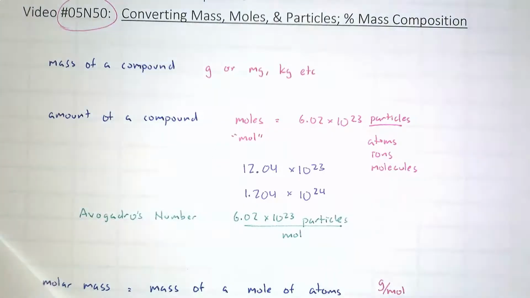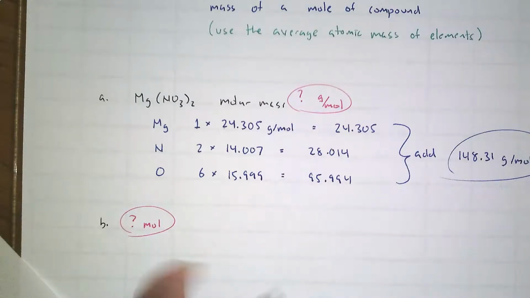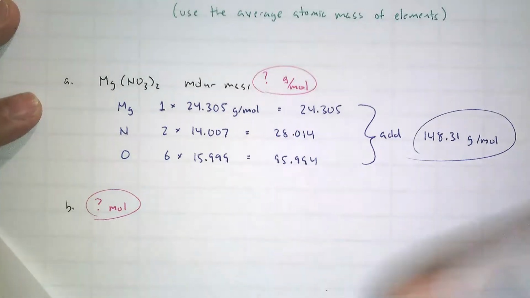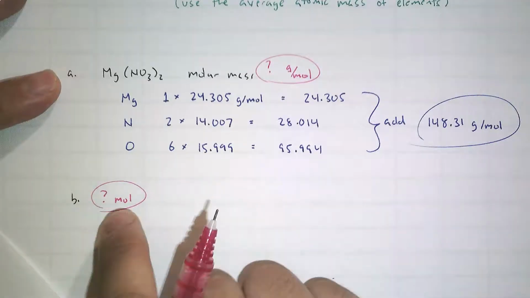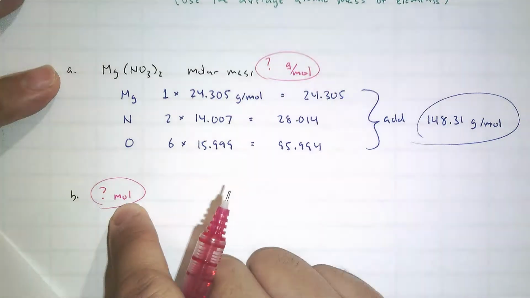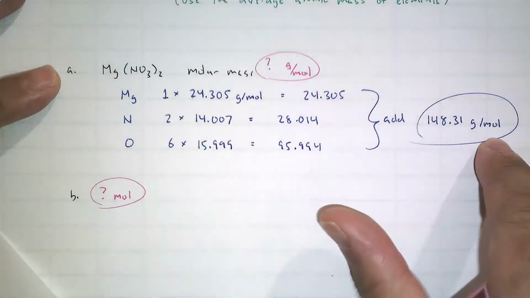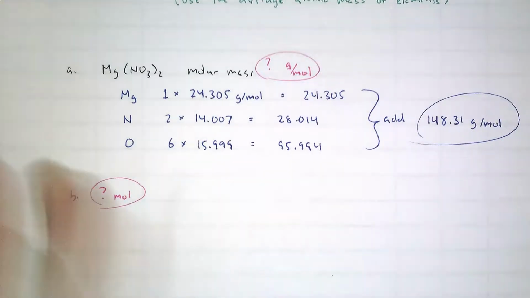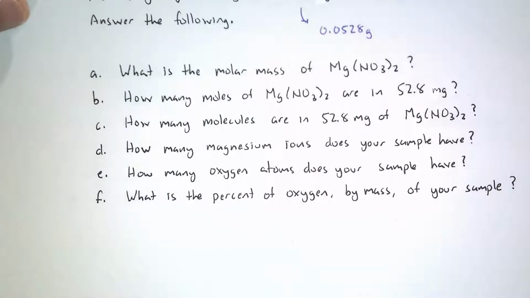I did that over here, particles per mole. The cool thing about this is that if you know dimensional analysis, you know how to use those tricks. We need this targeting the unit mole, and we just calculate something that has grams per mole, and from our problem we have grams. Can we use those numbers to get grams per mole?